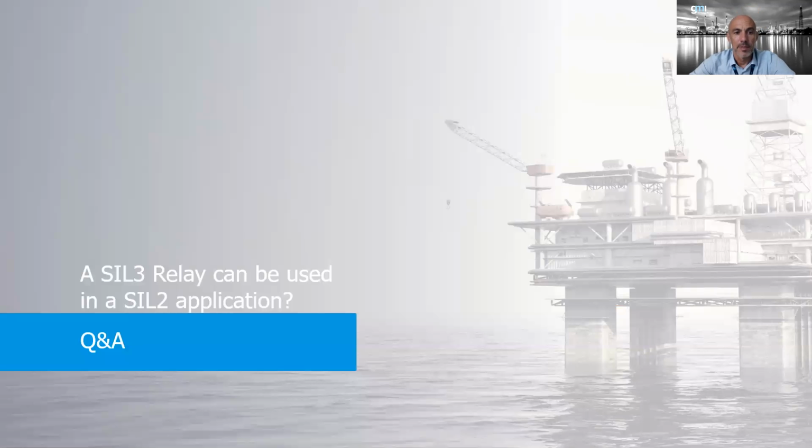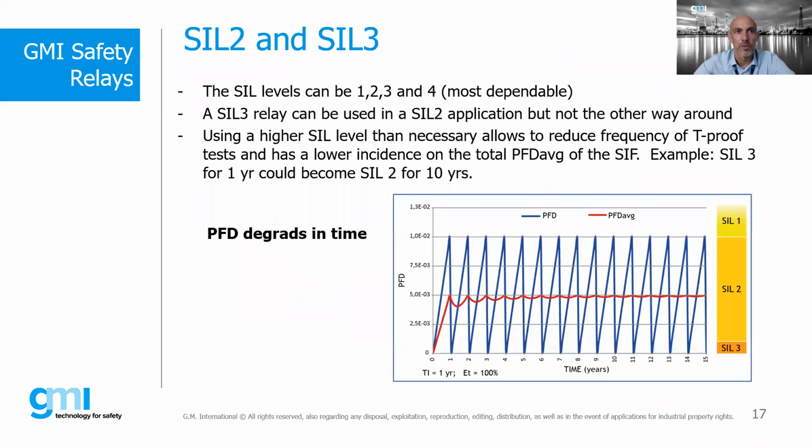Another question: can a SIL3 relay be used in a SIL2 application? We are getting a lot of this question from attendees, so we prepared something. Just to remind you, the SIL level can be 1, 2, 3, 4. 4 is the highest, but people don't ask for 4, of course. SIL3 is the most asked.